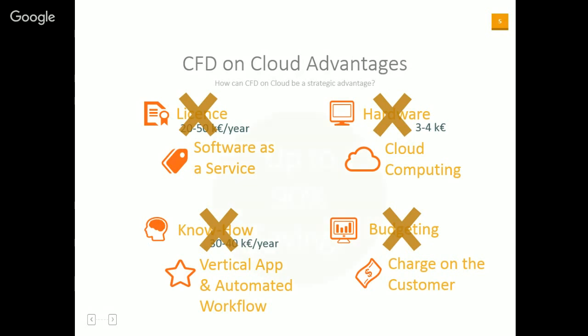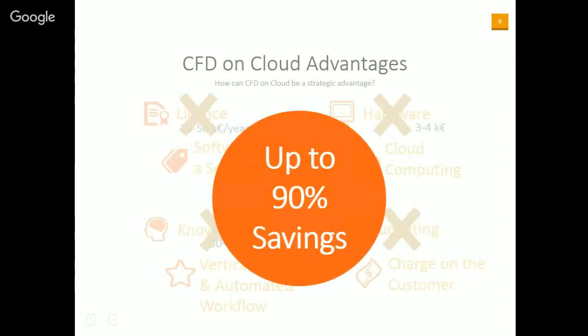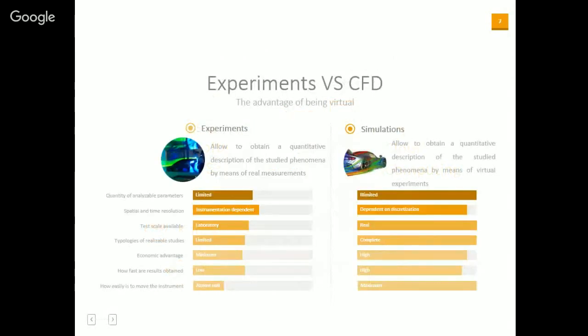And in general, we can estimate that by using Conself, you can save up to 90% compared to standard CFD software.